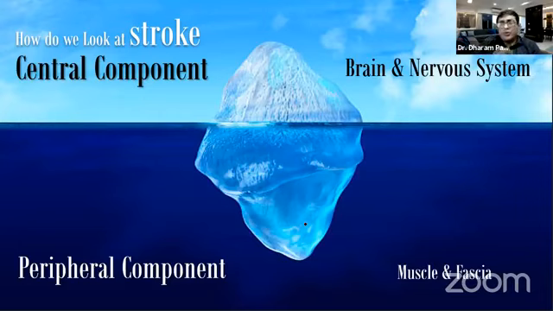Sometimes we forget about those peripheral components, because in stroke patients, if somebody is immobilized for even 48 hours, research has shown that muscle atrophy and changes at the sarcomere level start that early, right? So we have to keep it in mind when dealing with stroke, and not only stroke but any neurological patients.